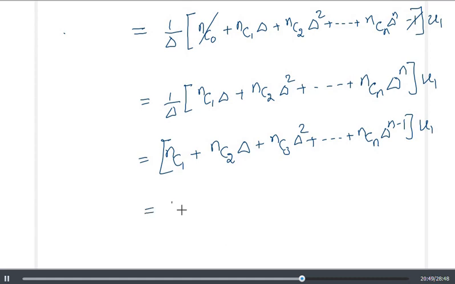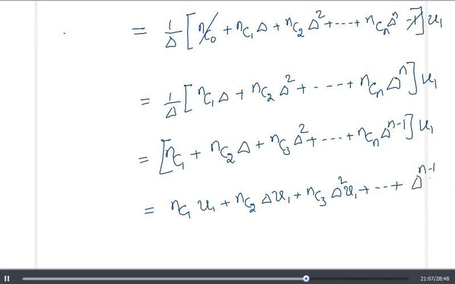Now from this we got the result: nC1 into u1 plus nC2 into delta of u1 plus nC3 into delta square of u1 plus and so on plus delta power n minus 1 acting on u1.